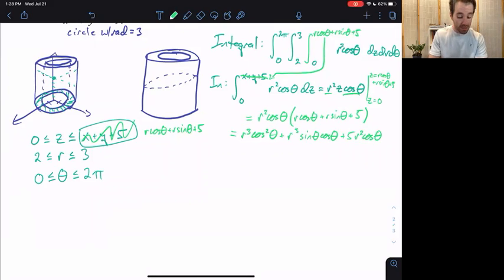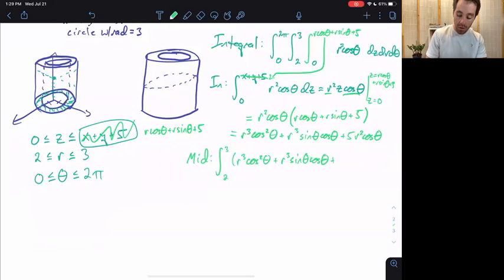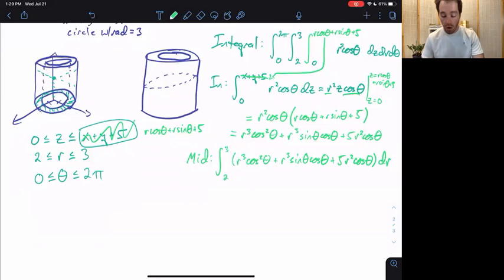Which variable is next? Ah, it's r. Okay, so the middle goes from 0, oops, not 0. It goes from 2 to 3. R cubed cosine squared theta plus r cubed sine theta cosine theta plus 5r squared cosine theta, and this is with respect to r.